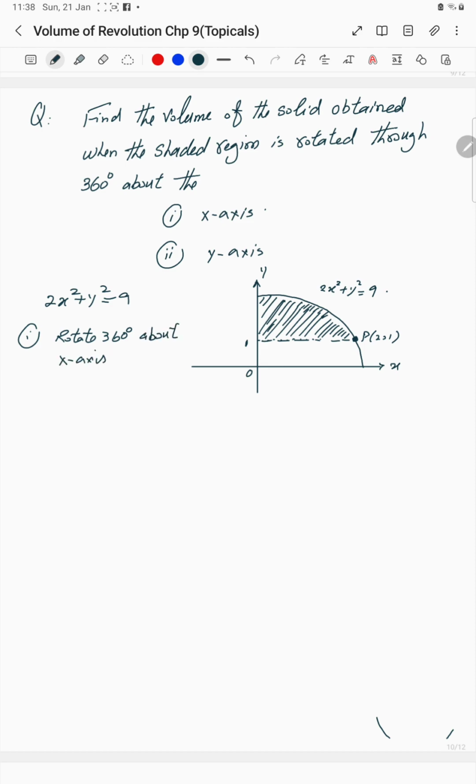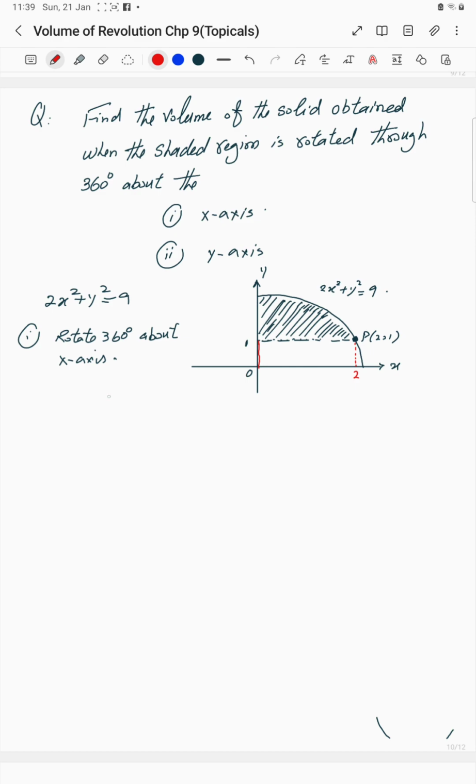x-axis. So it means we need to first find the limits of the function along the x-axis. So here it is clear from the x-axis it is 0 here, and as the point 2, 1 is given, we can say it is lying here, x equals 2 here. So the limits along the x-axis are very much clear.